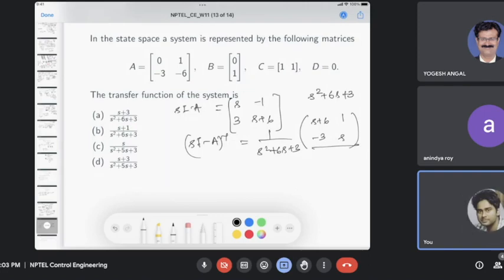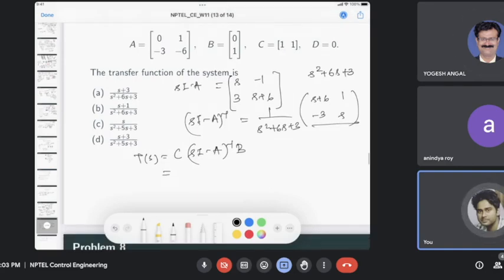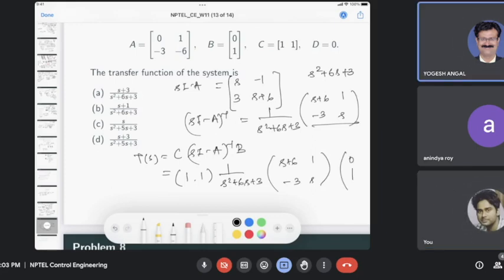Then we obtain this transfer function C sI minus A inverse B plus D, where D is 0. So then we just multiply this 1 by s square plus 6s plus 3. This is s plus 6, 1, minus 3s, and this is 0 1.